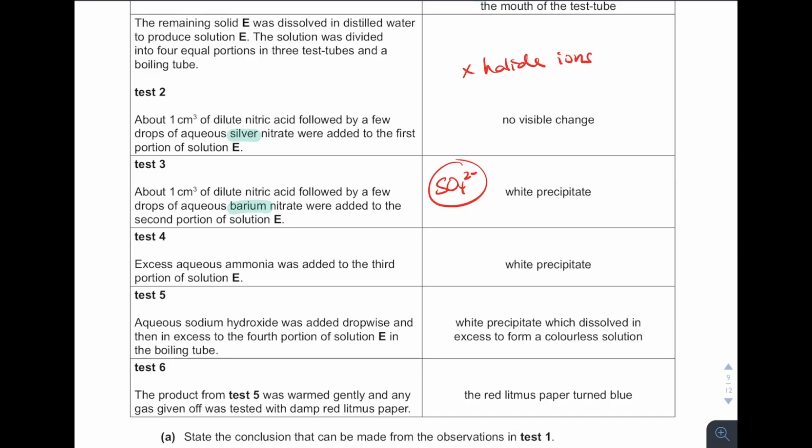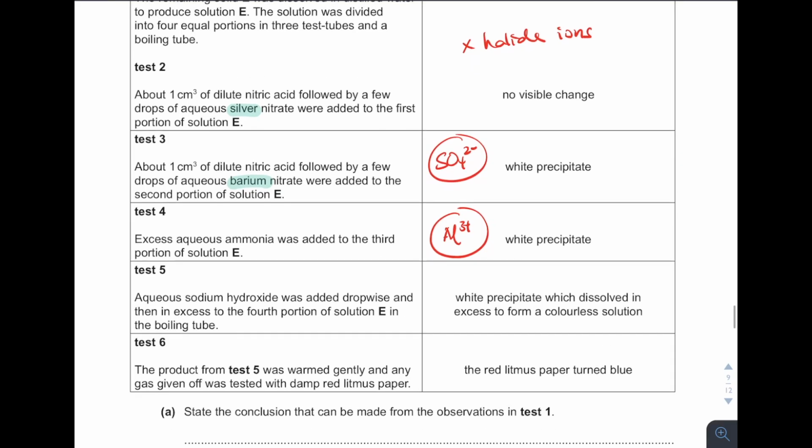It means the presence of aluminium ions. Then followed by the addition of sodium hydroxide solution. We know that for aluminium, the white precipitate will dissolve in excess sodium hydroxide.